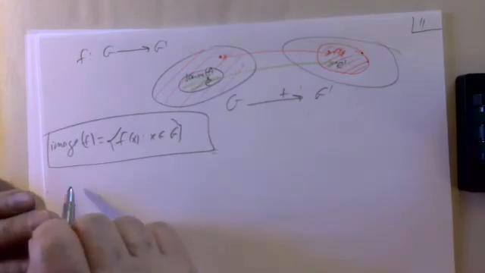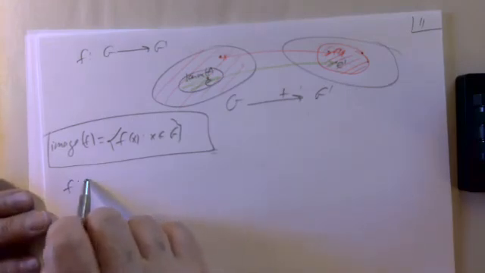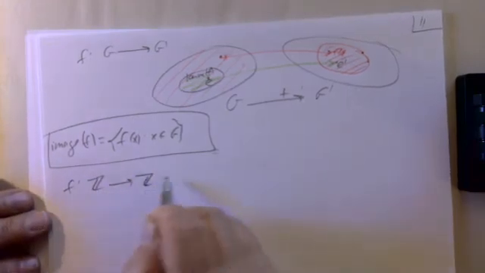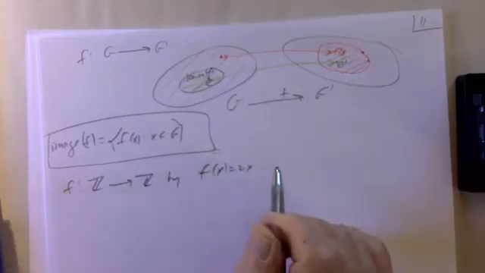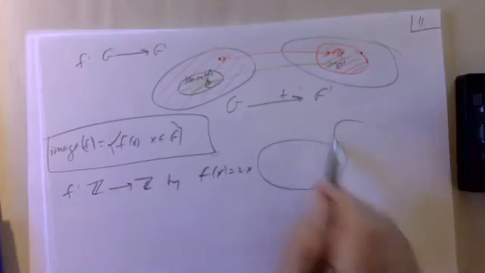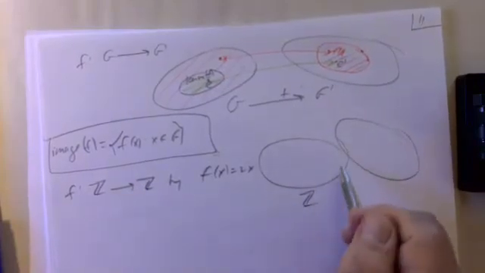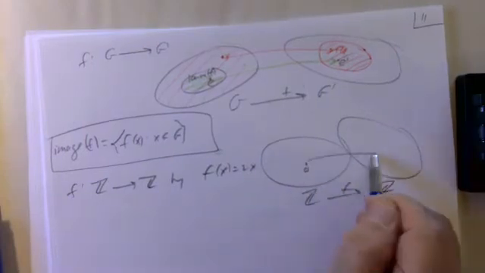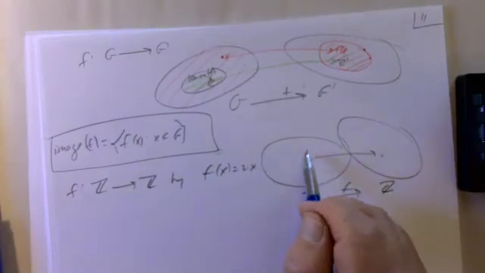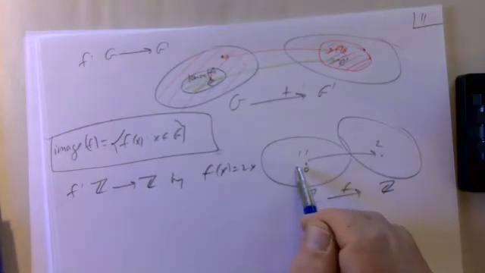Here's a simple example. Suppose I define the function from the integers to itself by f of x is 2 times x. So here we have this function f from Z to Z. 0 goes to 0, 1 goes to 2, and so forth.